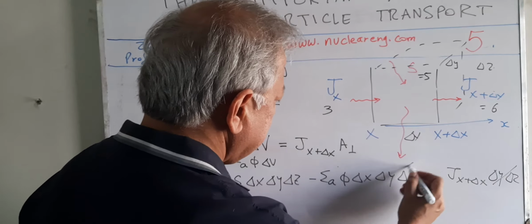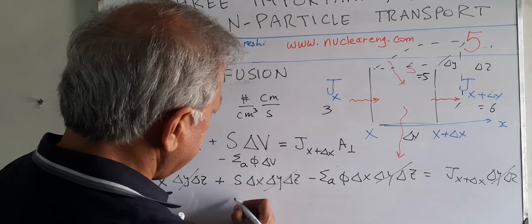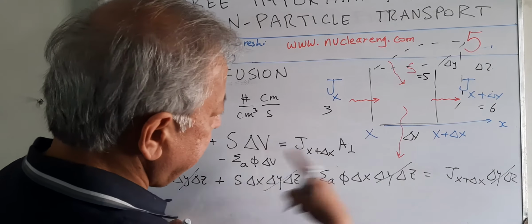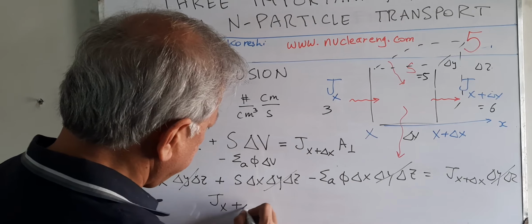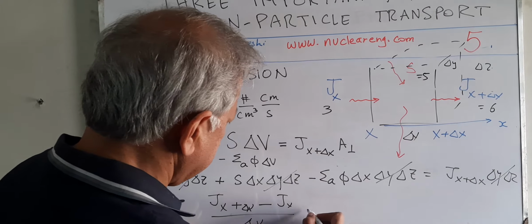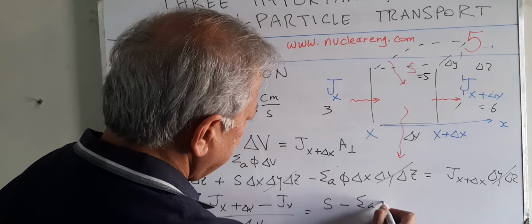So let me cancel these things, and if I take this J to that side, I get Jx plus delta x minus Jx, and let's divide by delta x. So dividing by delta x gives S minus sigma A phi.